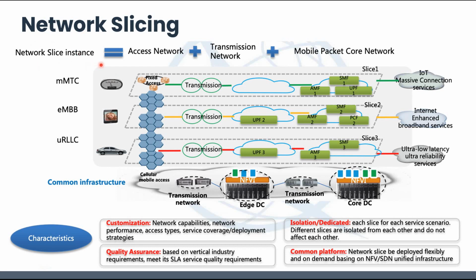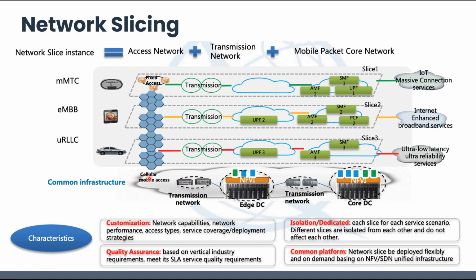Network slicing and access network, how it goes: this is all flexible, this is all dynamic. We can move our network functions, AMF, UPF, SMF, all these functions, over our network architecture. We can use the same hardware to implement different functions.